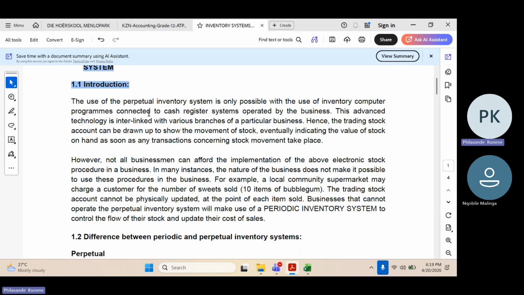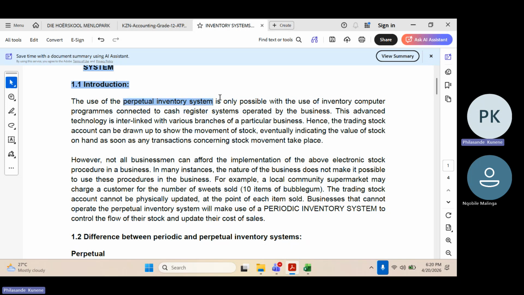They're saying here the use of a perpetual inventory system is only possible with the use of inventory computer programs connected to the cash register system operated by the business. This is the first system that we have for recording inventory. We call it a perpetual inventory system.